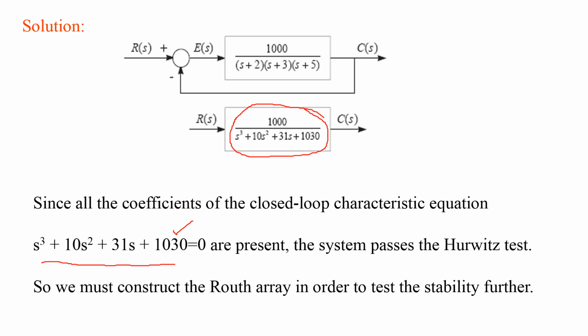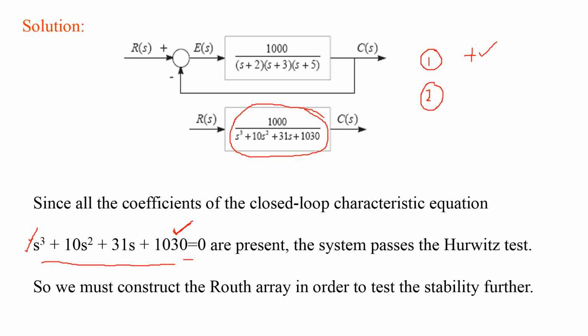For forming the RH table, first we have to test the first 2 points in the procedure. The first point is to check whether all the coefficients of the characteristic equation are real and have the same sign or not. If you observe the characteristic equation, the coefficients from the highest power of s to the lowest power of s are real and also have the same sign, that is, positive.